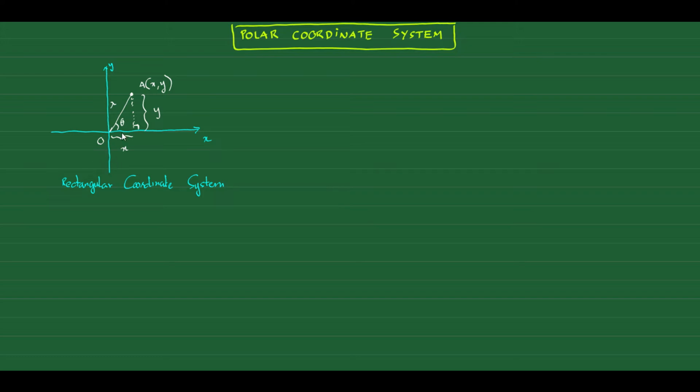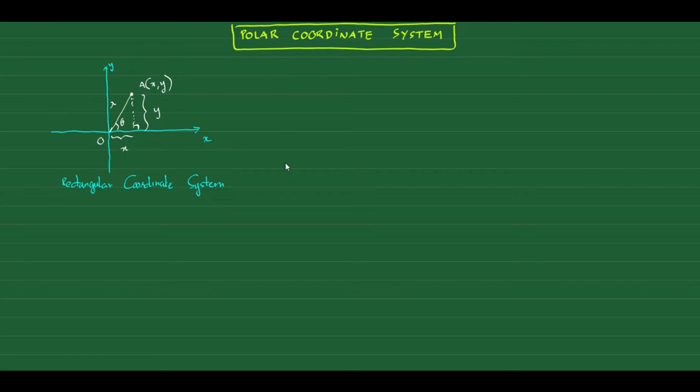The angle theta could be positive or negative, if you go clockwise or counterclockwise. So after we know how to derive the polar coordinate system from the rectangular coordinate system, this is our new coordinate system, the polar one.